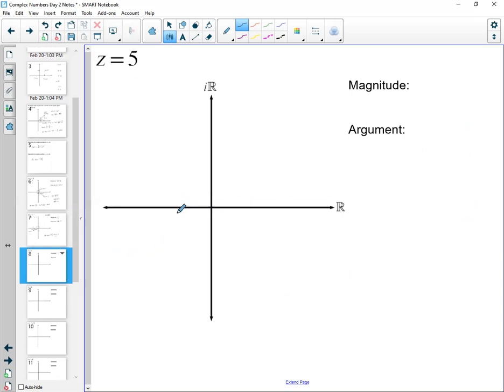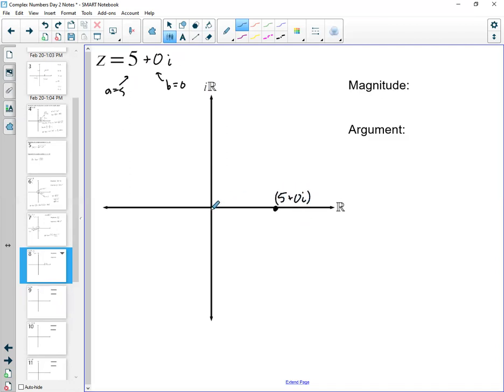All right, z equals 5. That's like 5 plus 0i. So a is 5 and b is 0. This is what I would call a real number because there's no i part, which means you just go over 5 to the right and that's it. There's no up or down. This is the point 5 plus 0i.